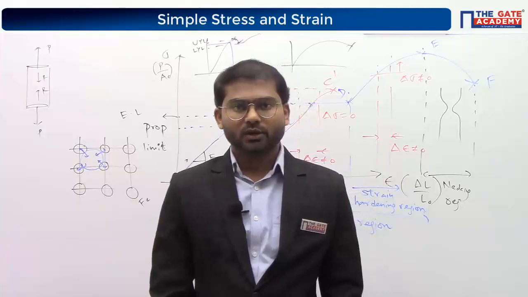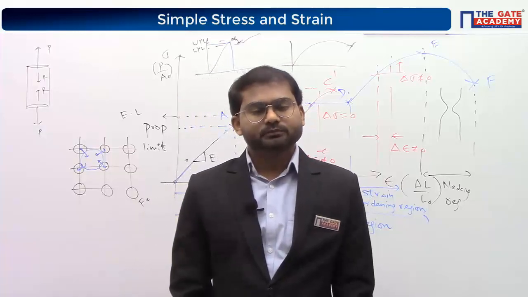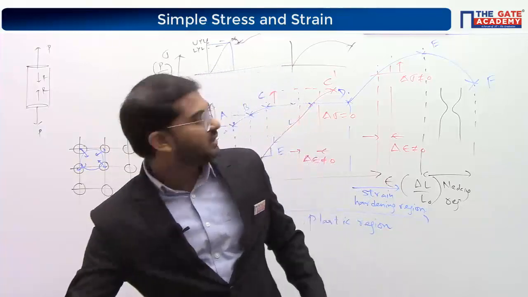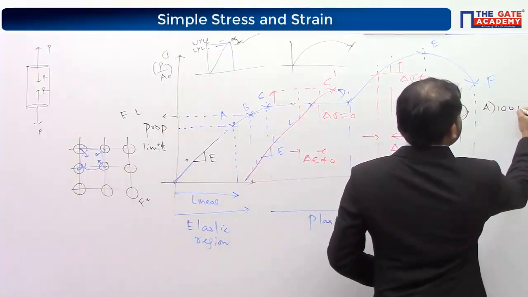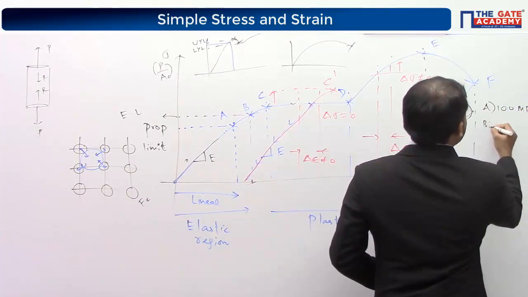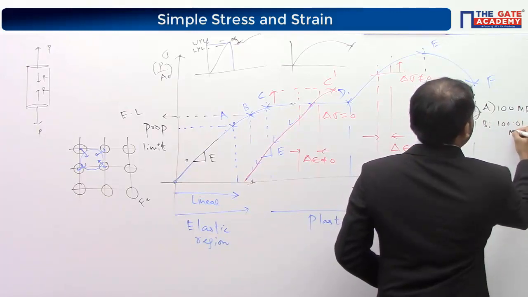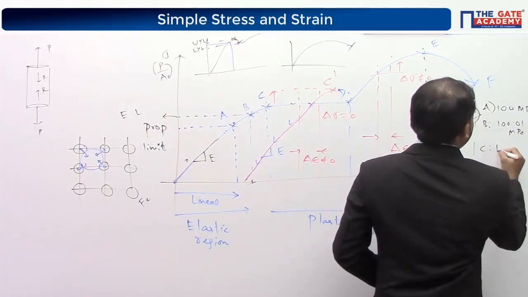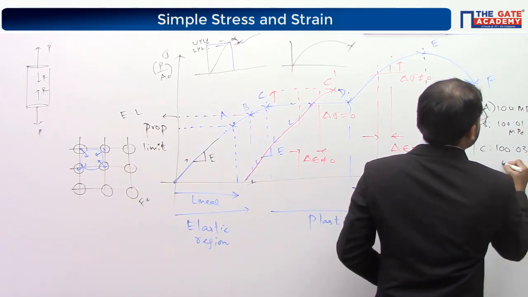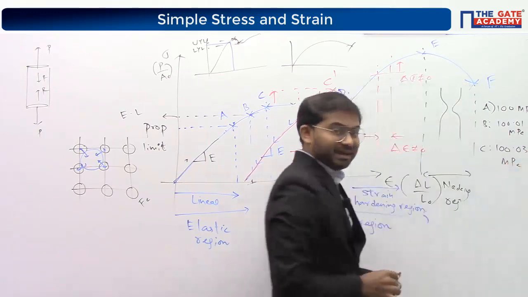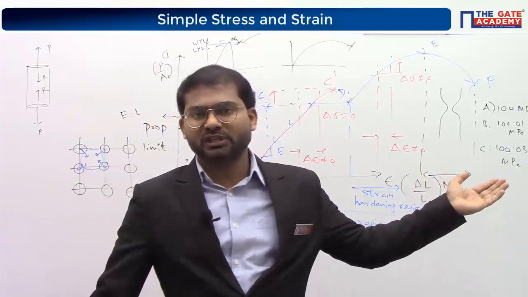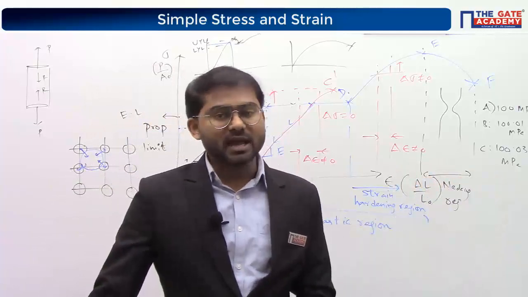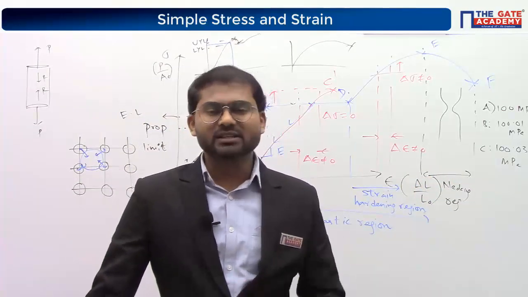That means if point A is around 100 megapascal, point B will be around 100.01 megapascal and point C will be something like 100.03 megapascal. Ideally, that is the sequence in which those three points come up. But in a real scenario they are very close, so we neglect the difference.